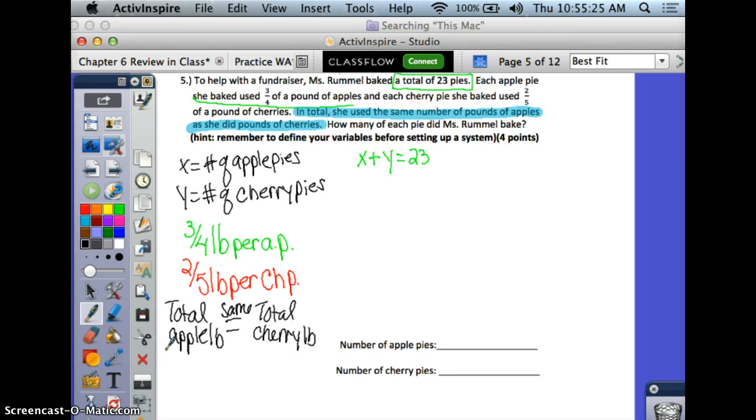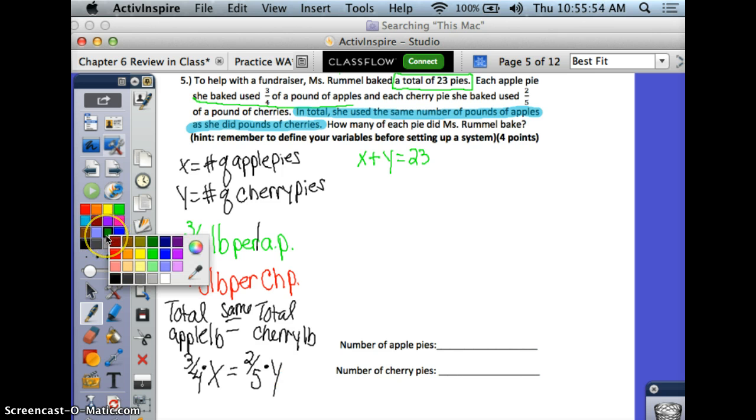If it's 3/4 pounds per one apple pie and we have x apple pies, you'd have to multiply how many pounds are in one times the number of apple pies. So you would have 3/4 per one pie times the number of apple pies equals, well, there's 2/5 in one cherry pie times y, or your number of cherry pies.